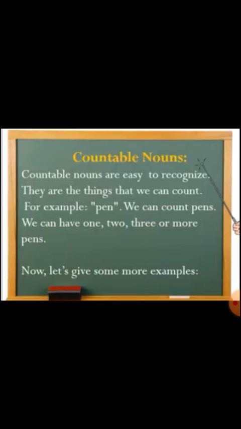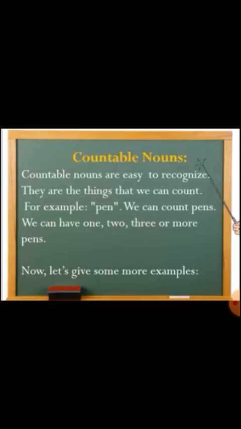So, countable nouns are nouns that we can count. For example, pen. We can count pens. We can have 1 pen, 2 pens, 3 pens or more pens.